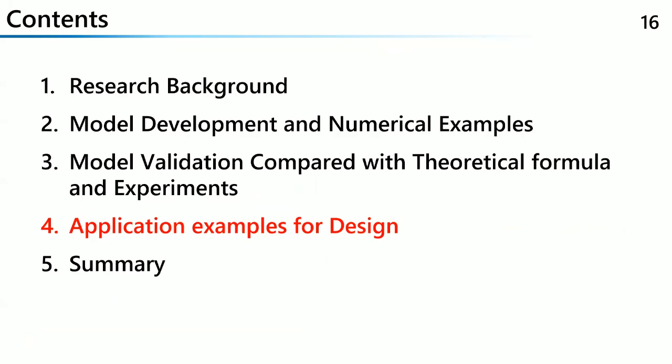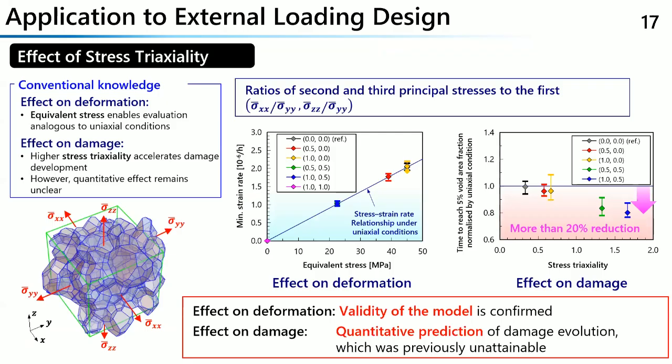Then I will show you some application examples for design. The first example is application to the external loading design. So we investigated the effect of the stress triaxiality. As everyone knows, the experiment under triaxial condition is not easy. But of course, using this model, we can investigate the effect of any kinds of arbitrary loading condition very easily.